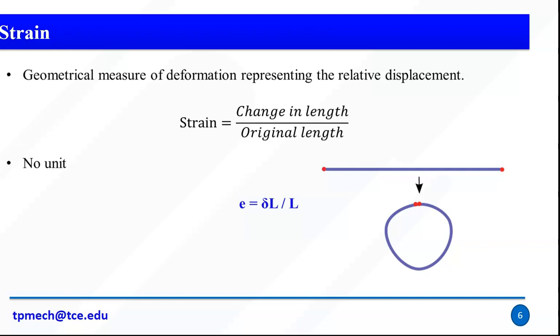Previously the iron rod was, assume, 10 inches. If I increase the heat, it may change to 12 or 11, or to 9.5 or 8. Definitely the length will change, because the metal gets deformed. So strain is nothing but the ratio of change in length to original length.